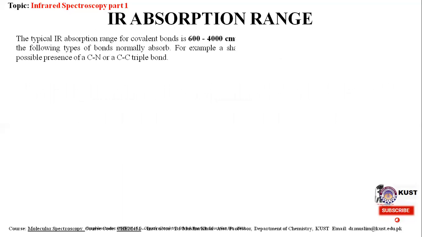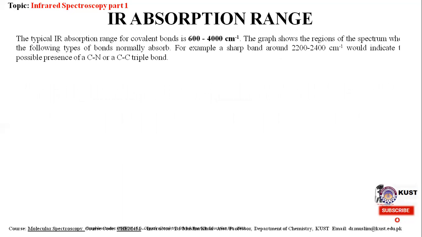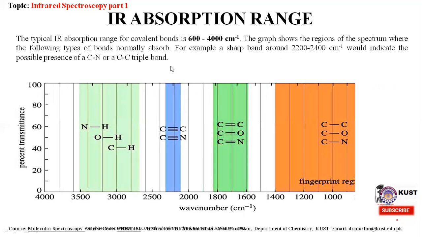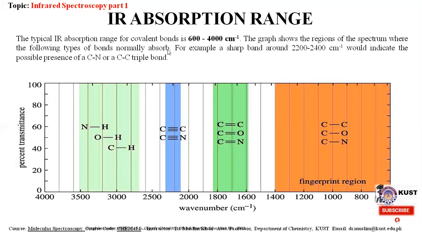Now, the IR absorption range. The typical IR absorption range for covalent bonds is between 600 and 4000 wave numbers. The graph shows the regions of the spectrum where the following types of bond normally absorb.